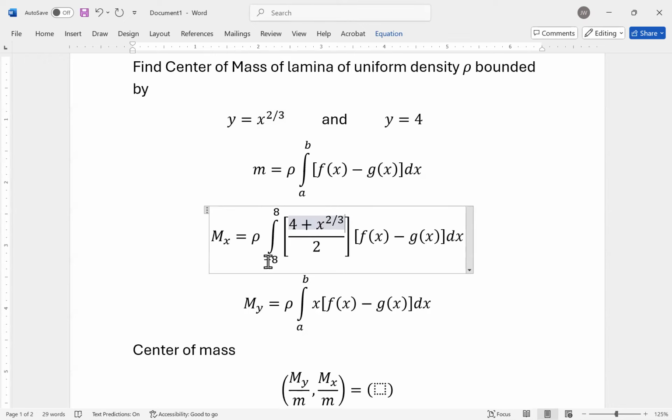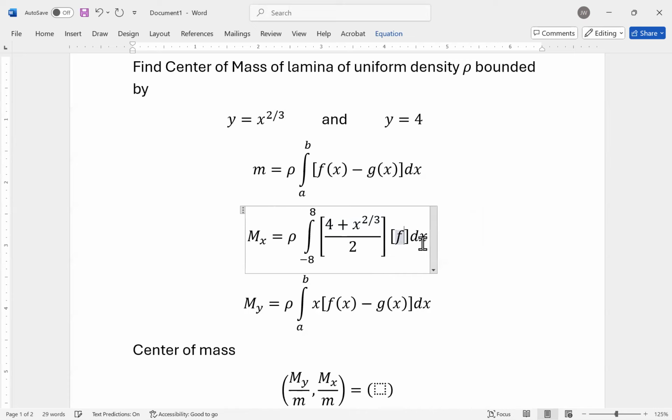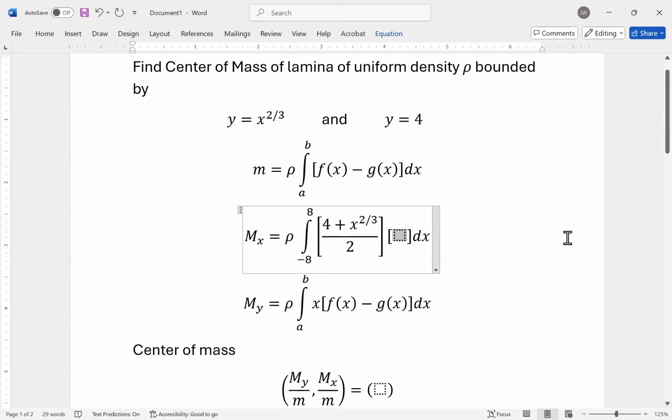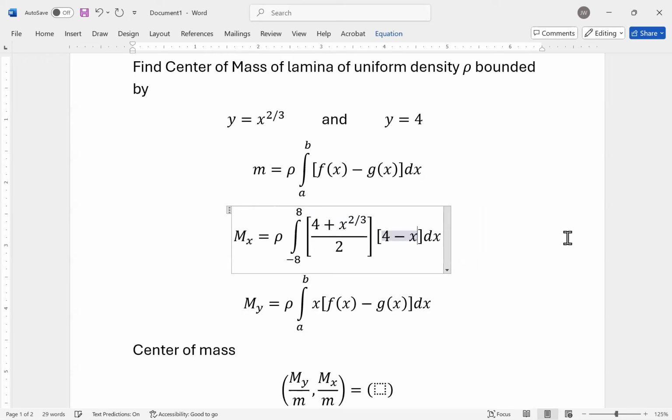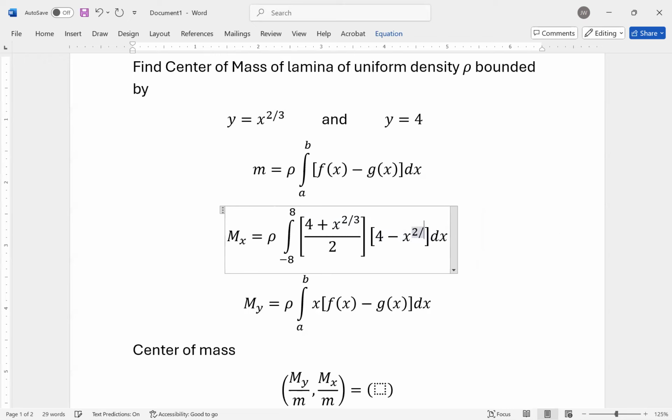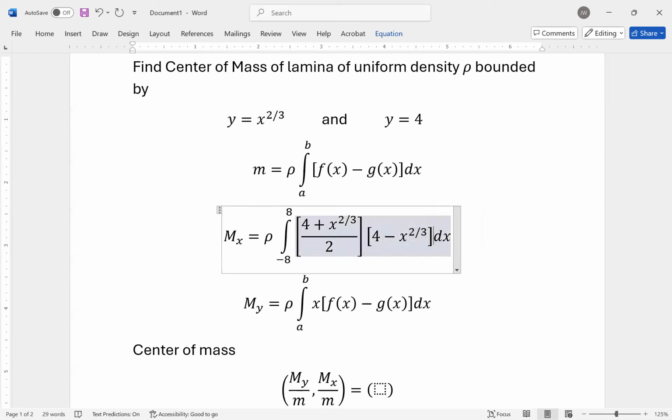We're going to take that, and then I put that in parentheses and then divide by 2. And then over here, it's going to be 4 minus x to the 2/3 power. Again, I'll put that in parentheses. Make sure you have the right parentheses. Make sure you have the right integration.